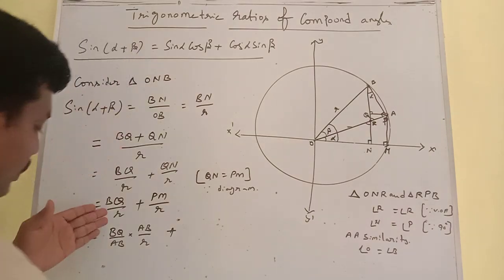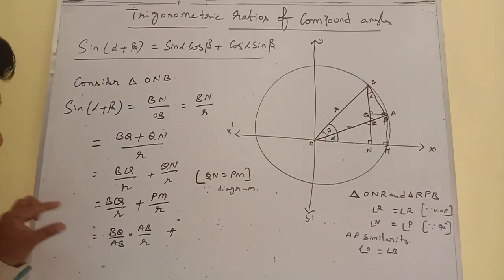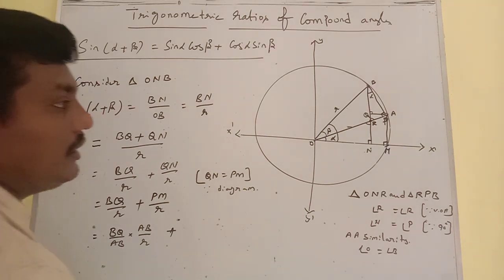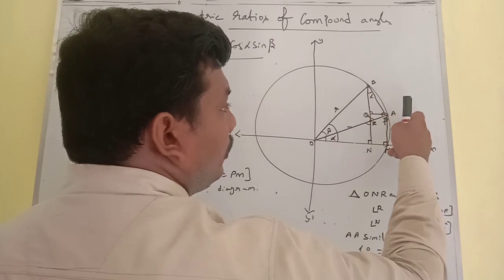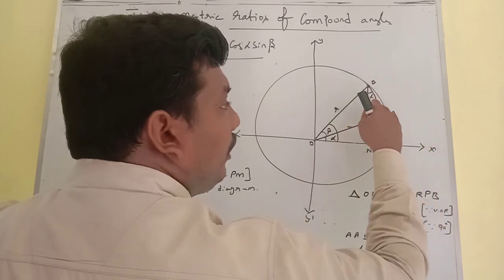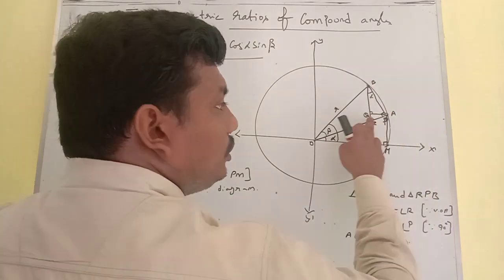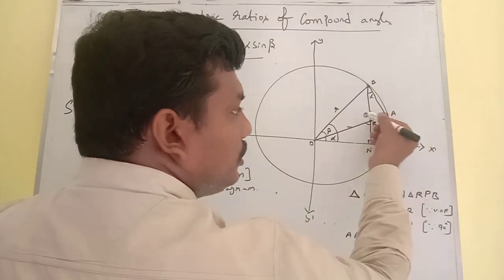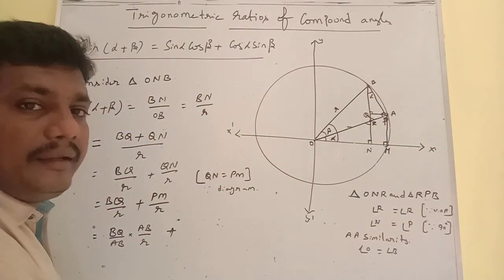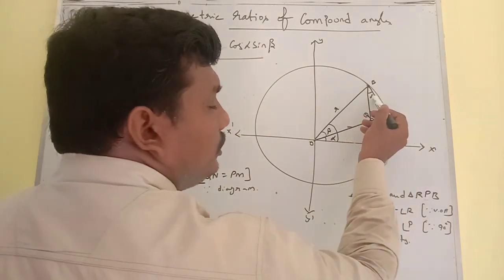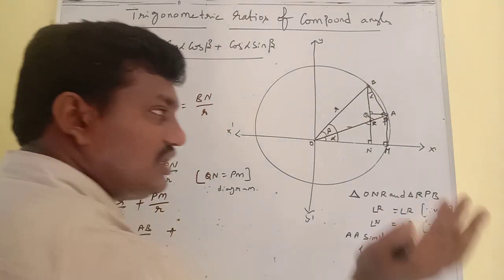So now BQ by AB. In the BQ by AB, exactly which triangle is it located in? Here see BQ, so this is BQ and this is AB. When you consider alpha as the observation angle, AB is opposite to the angle Q. AB is called the hypotenuse, and BQ is the adjacent side.